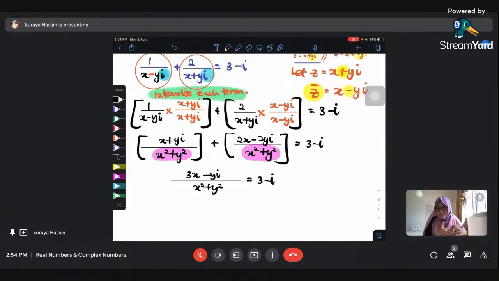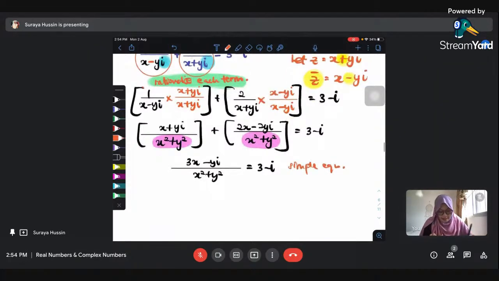Simpler, isn't it? Simple equation. Whatever it is. So now you must be quite confused. Oh dear miss, how do I do this? Many of you might be stuck here. Stuck here. So don't be afraid.